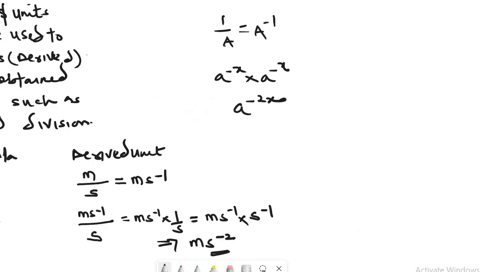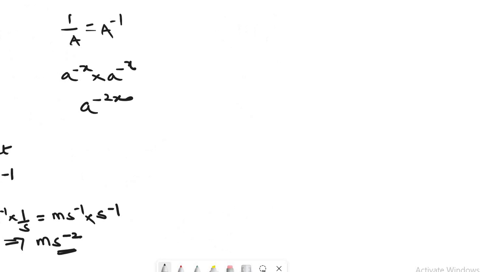Let's see another derived unit. We've seen number 3. Let me label it again. Quantities, formula, and the derived unit.